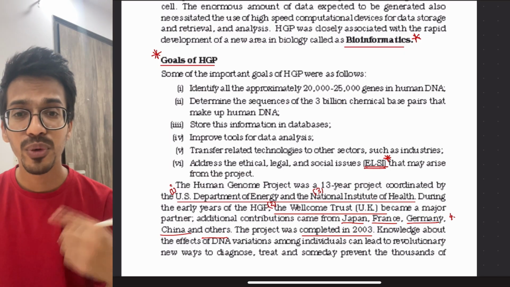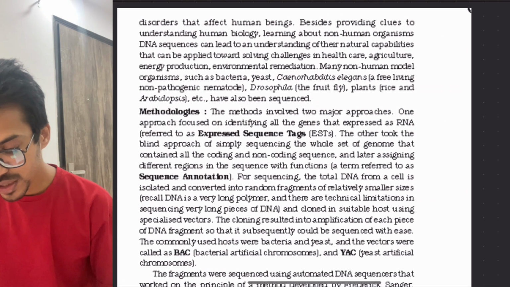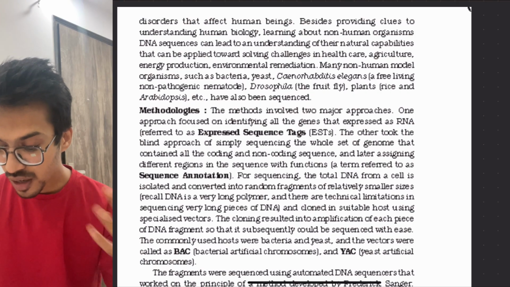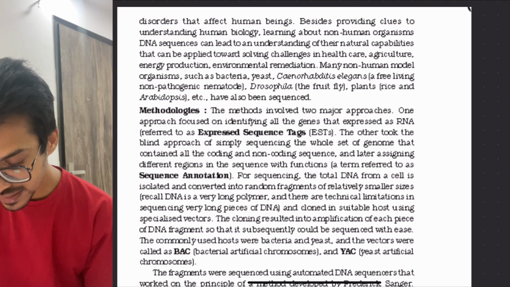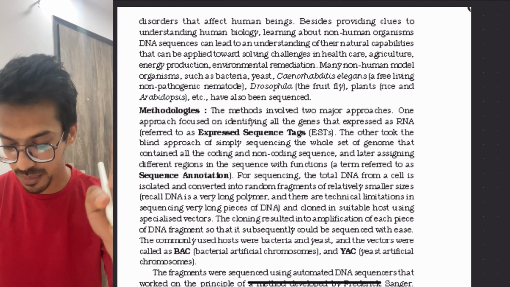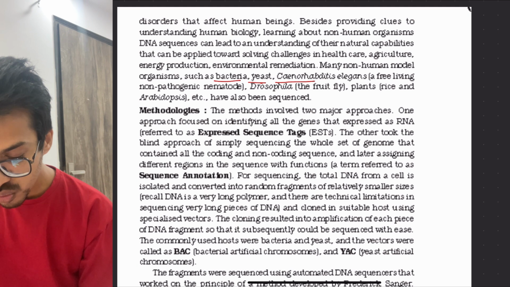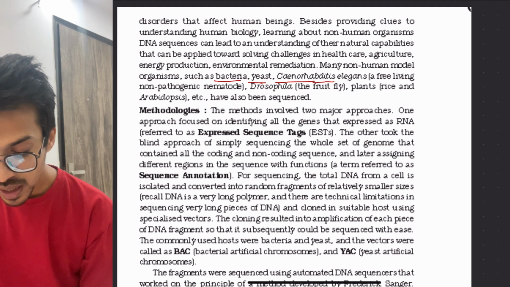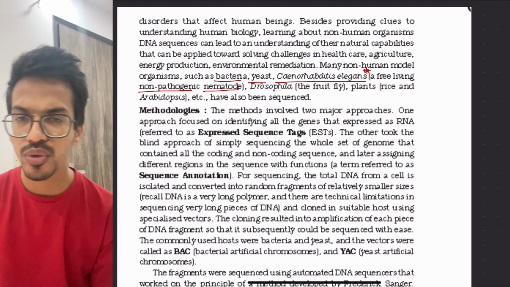Still, we have to code for the Y. Knowing how much help it could do, we are doing it, and other organisms were also being done. Those names are very important. We have done it for bacteria, yeast, Caenorhabditis elegans, which is a nematode and does not cause any pathogenicity.